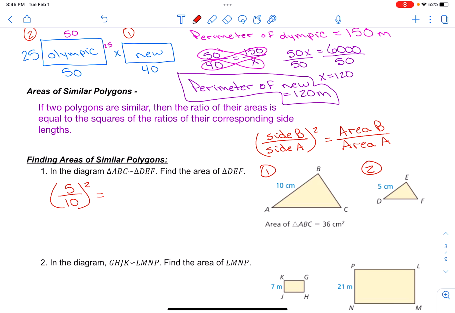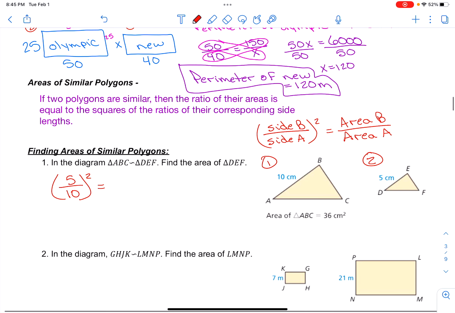And that is equal to the area of DEF, because that was the side that we put on top first, which we don't know. We don't know what the area of DEF is, over the area of ABC, which they tell us down here, the area of ABC is 36. So before we can cross multiply, we have to get rid of this square.